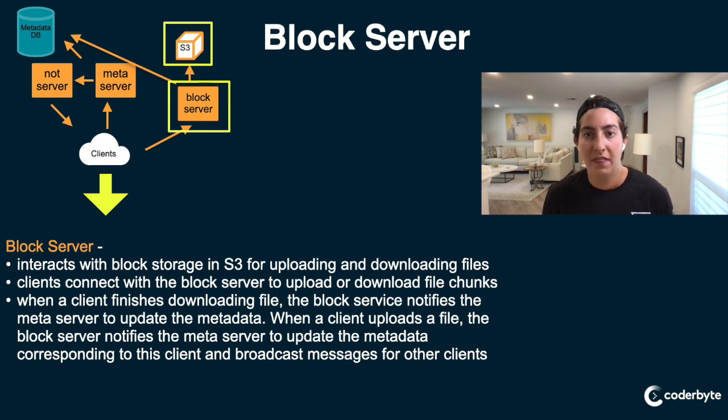So again, the block server is also interacting with the meta server and the metadata database so that when there are new or different chunks, the metadata of the file is accurately updated so that it can go to the notification service and then propagate to all the other clients.